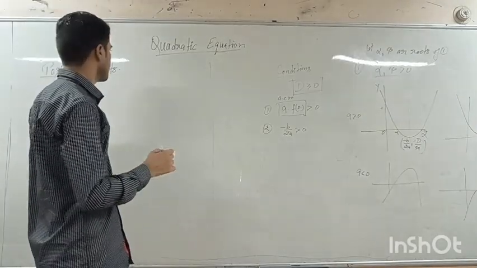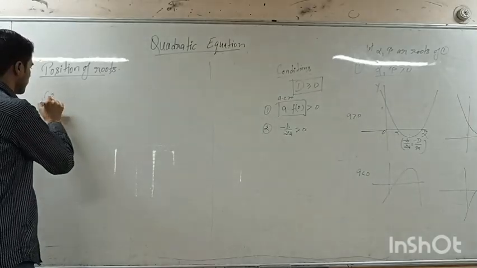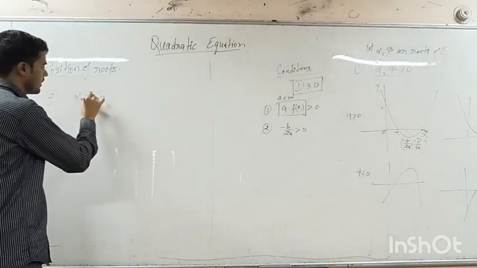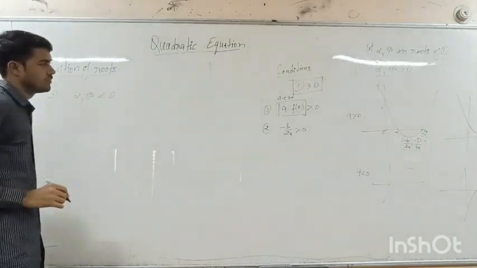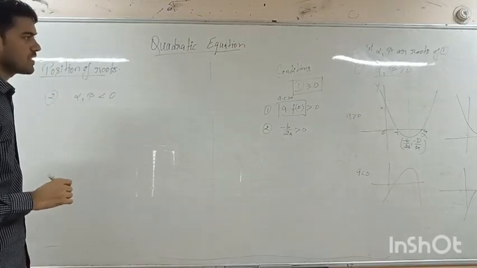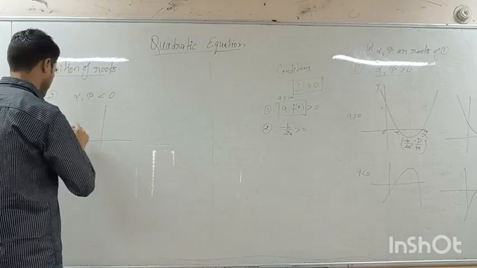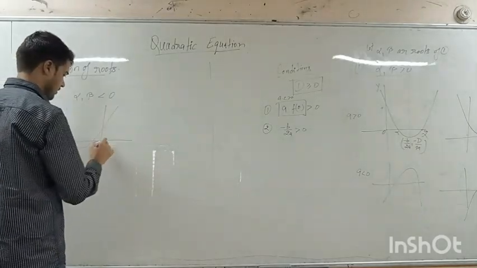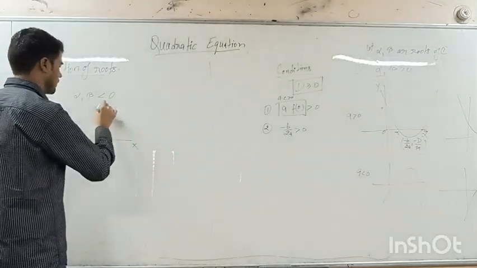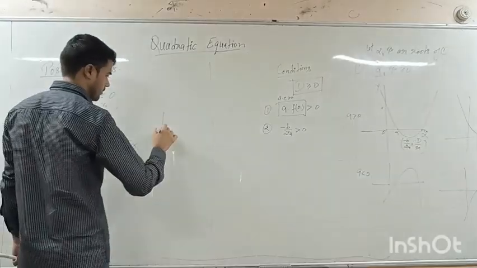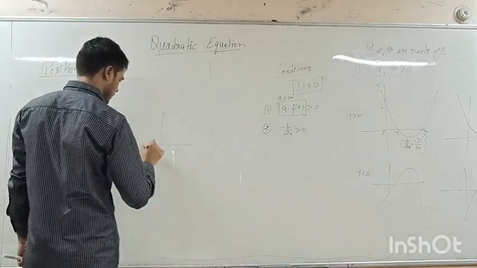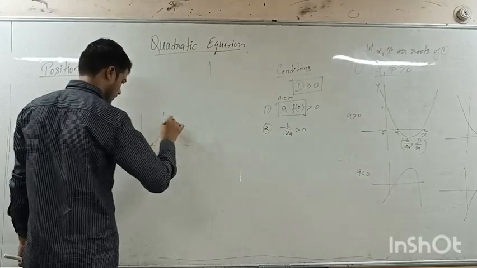Now there comes the second condition. If alpha and beta are less than 0, then what can we say? Then the graph will come like that. This is 0, or the origin, or it may come like that if the roots are the same.